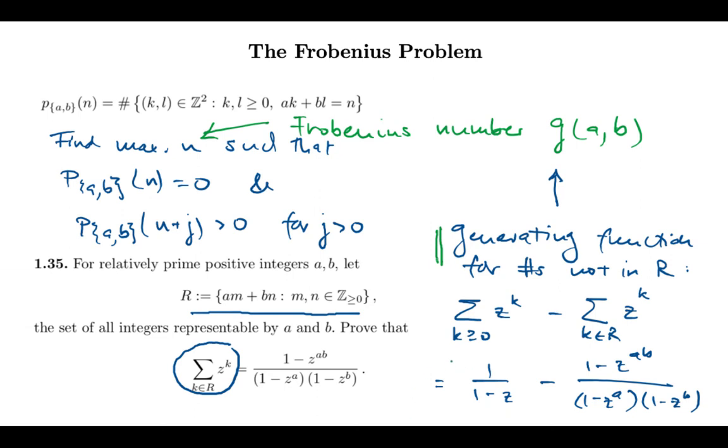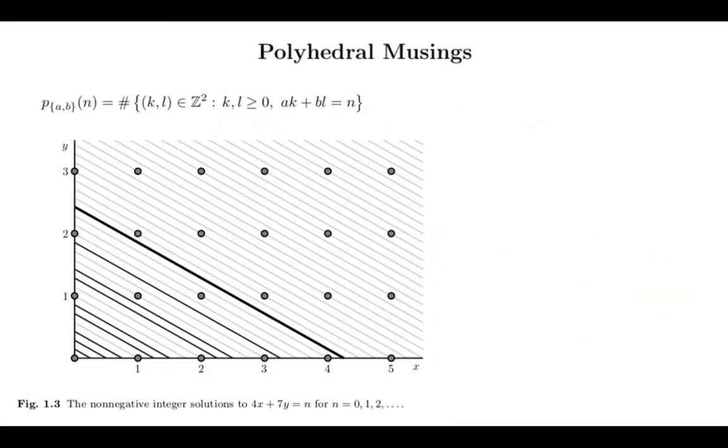So what does that mean? That means that this rational function over here is really a polynomial. So it's a generating function with finitely many terms. That's by definition a polynomial, and the degree of this polynomial is the Frobenius number. It's this number that we call g of a, b.